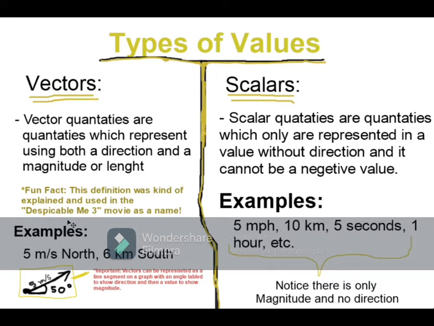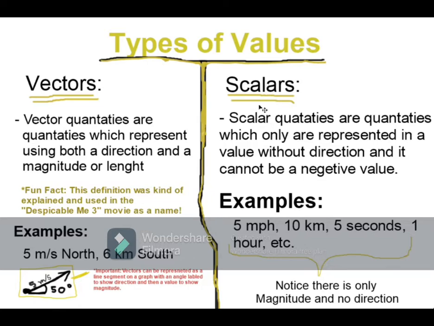Vectors can also be drawn as lines, which are also called vectors. In that line, the angle represents the direction. As an example, here it says 5 meters per second at 50 degrees northeast, which is a direction. So this makes a vector line.